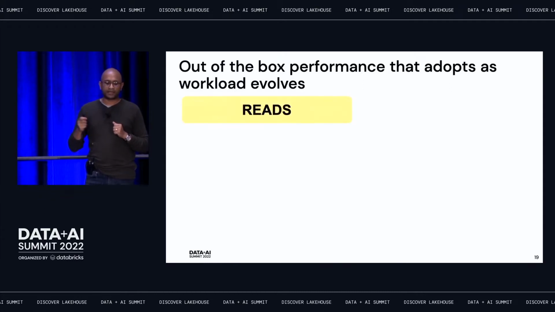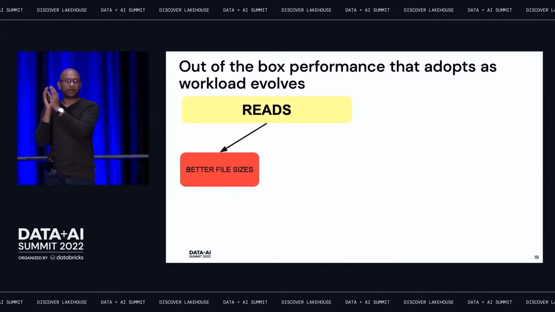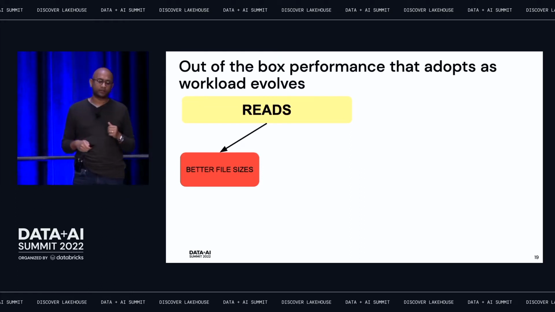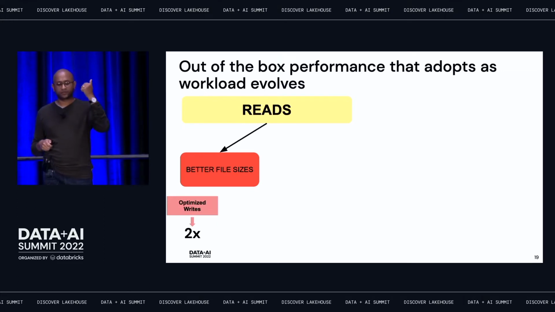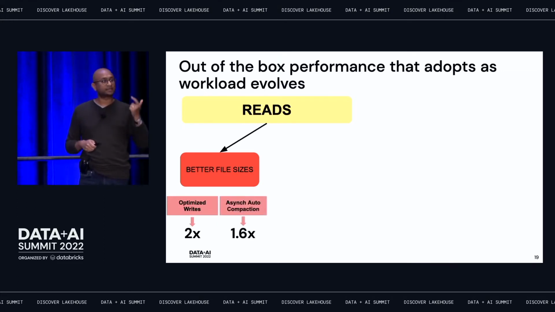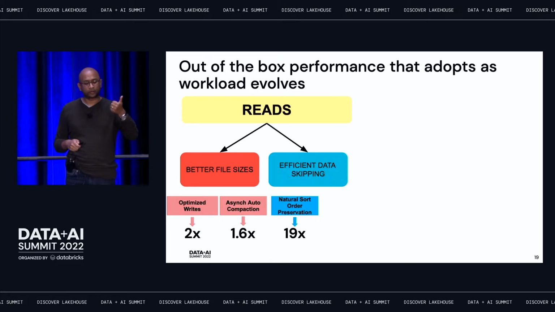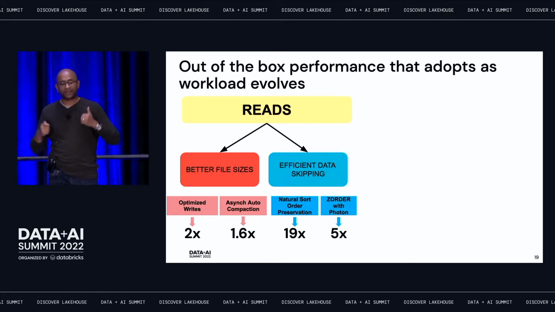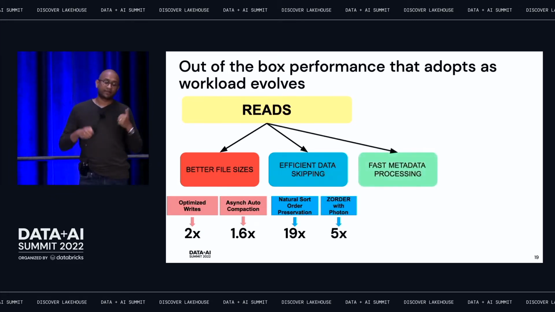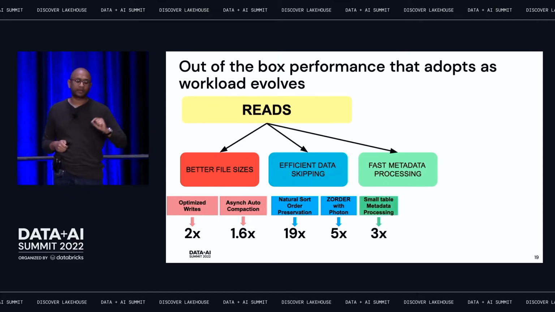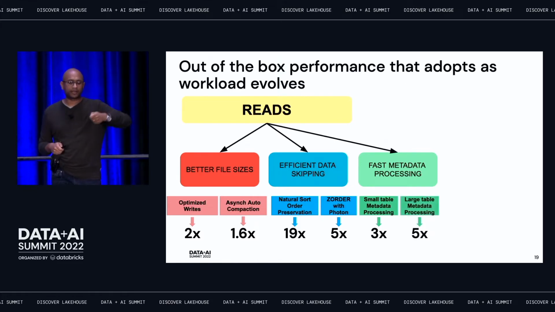So let me just summarize. Out of the box, our goal has been how do we give out of the box performance that adapts as the workload evolves. So in terms of reads, we have better file sizes, optimized writes, asynchronous auto-compaction, efficient data skipping, preserving the natural sort order to get good data skipping out of the box, making Z orders with Photon much faster, and then fast metadata processing, processing the small tables, making them really, really fast, and then the large table metadata processing as well, just making it really scalable.